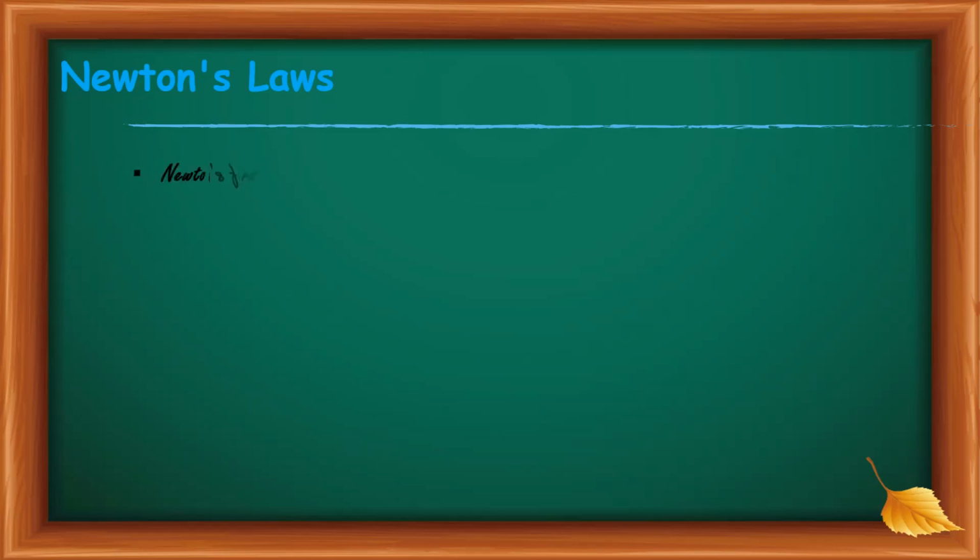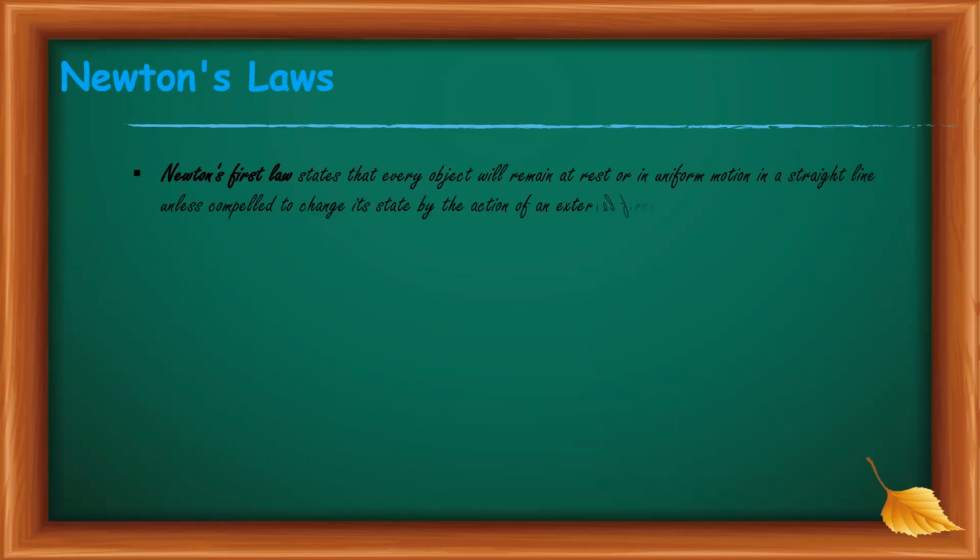We know that the first law states that every object will remain at rest or in uniform motion in a straight line unless compelled to change its state by the action of an external force.